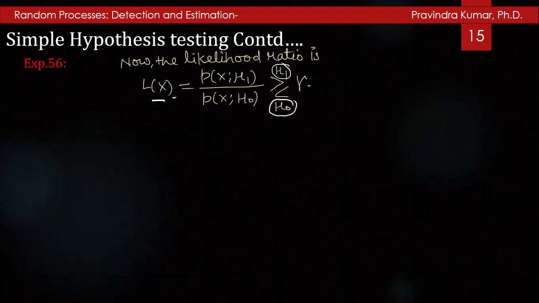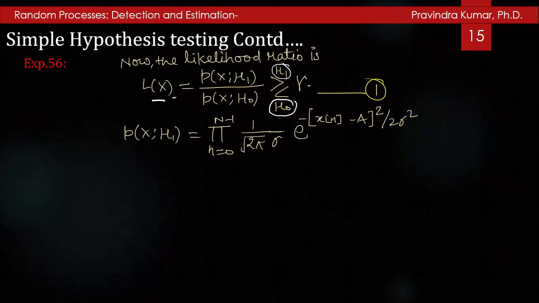And you know the PDF under hypothesis h1 will be the product of all the PDFs, because there is a multivariate random variable x0, x1, x2. So the product for n from 0 to n minus 1 of 1 upon under root 2 pi sigma e to the power minus x n minus A whole square upon 2 sigma square.